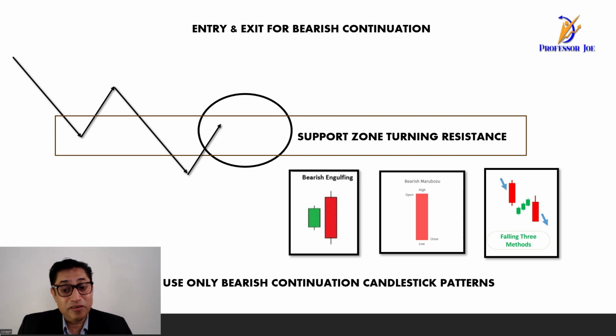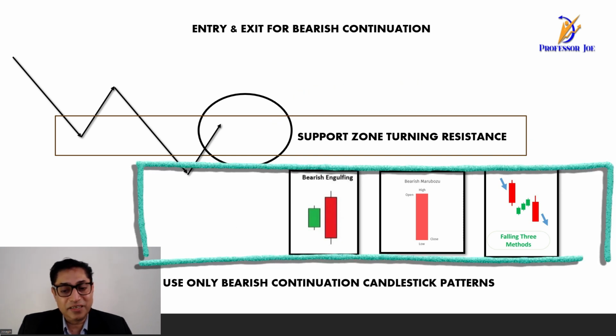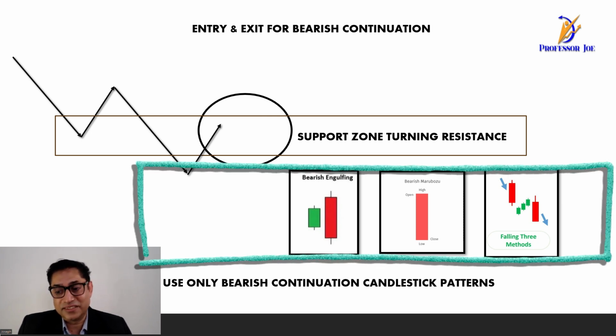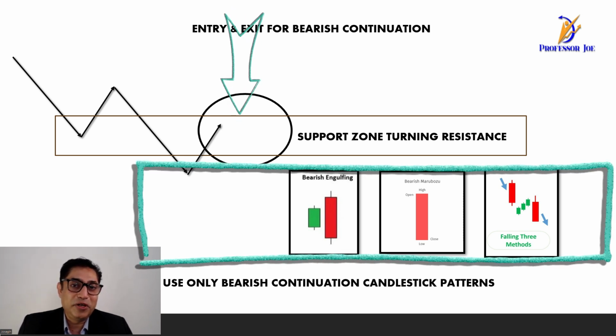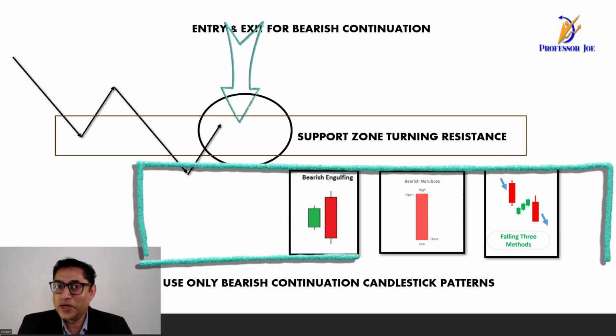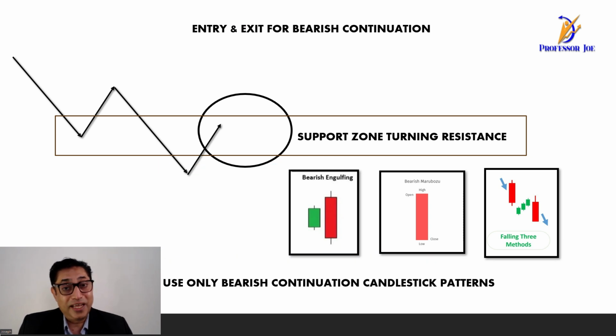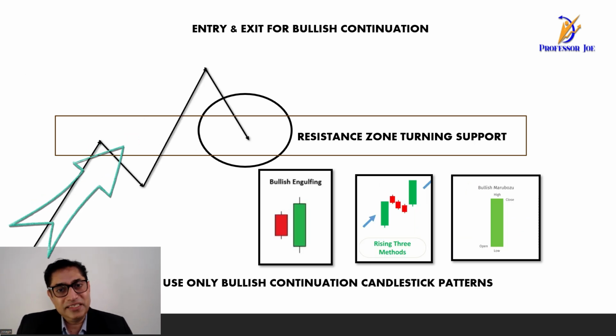In this area, if you see candlestick patterns like a bearish engulfing pattern, a bearish Marubozu, or bearish falling three methods, this is a clear entry point in this kind of continuation pattern. So you enter over here and your exit remains the same. When the price goes down and reaches a support zone, and you see a bullish candlestick pattern there, you exit. Simple.